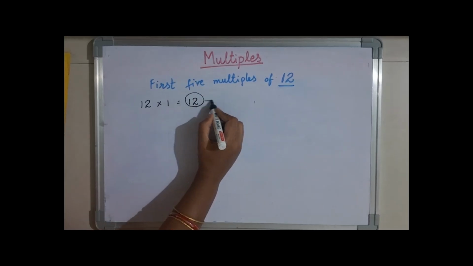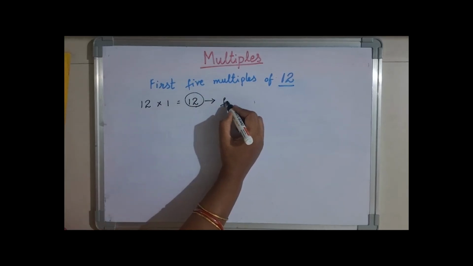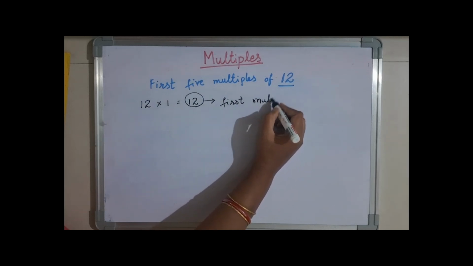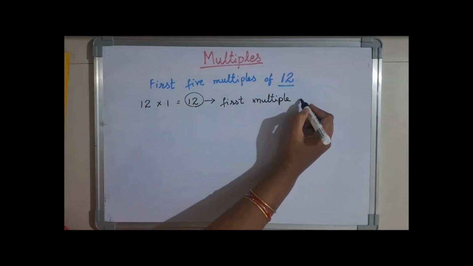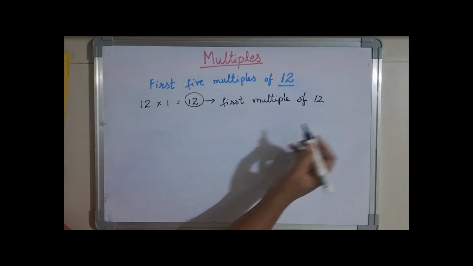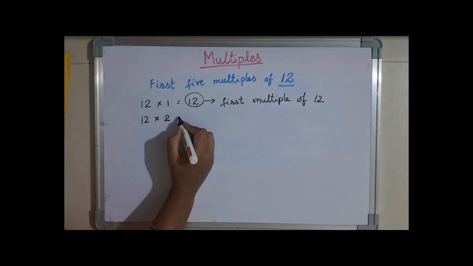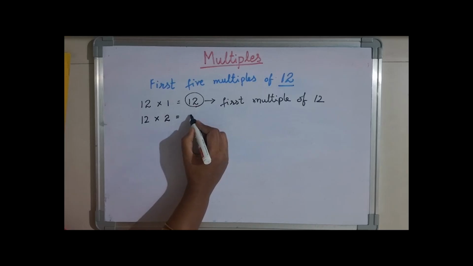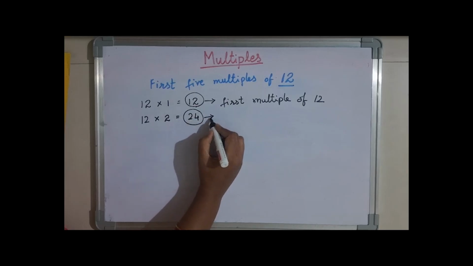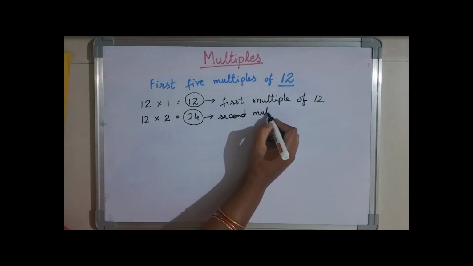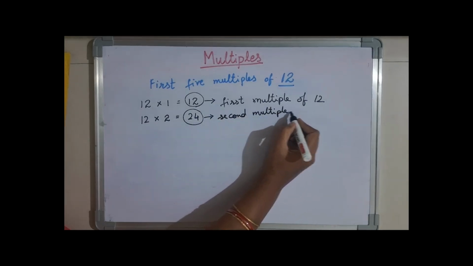This 12 is called the first multiple of 12. And when 12 is multiplied by 2, we get 24. This 24 is called the second multiple of 12.